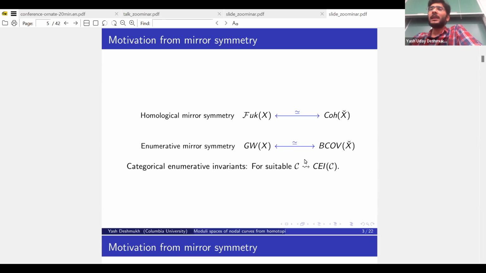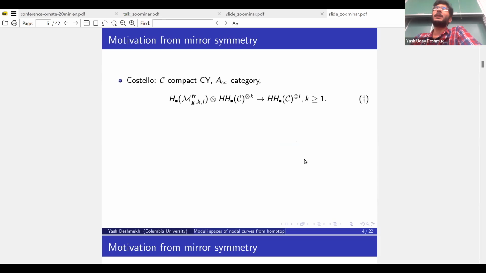And so basically there are two steps involved in this construction. The first step is this theorem of Costello. It's a quite well-known theorem which gives a topological field theory structure on the Hochschild homology of the category. Again, you'll notice that Costello's theorem assumes that the category is of a certain type, namely it's compact Calabi-Yau.